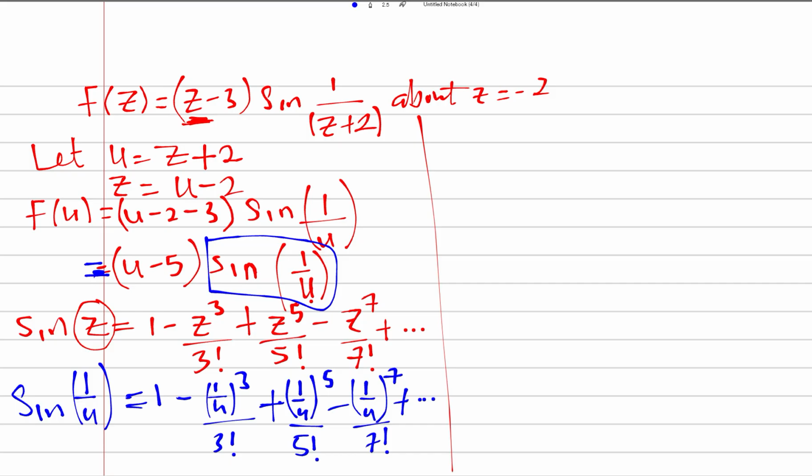The next thing to do is very simple. This will now become 1 raised to power 3, u raised to power 3.